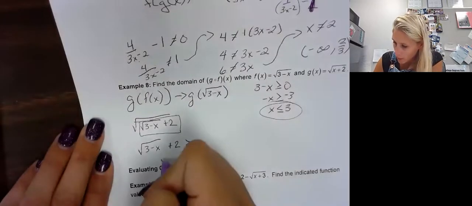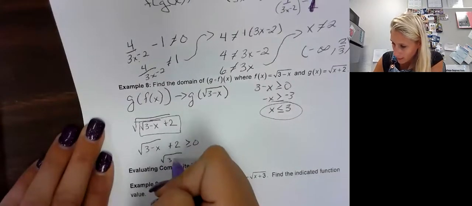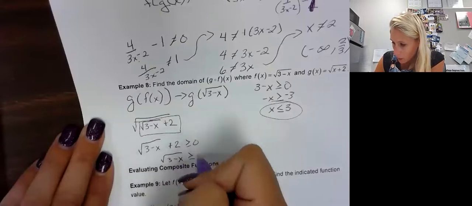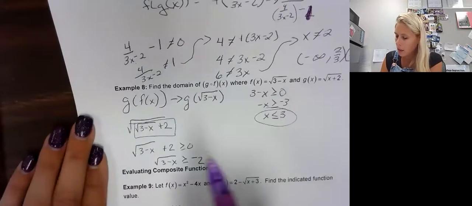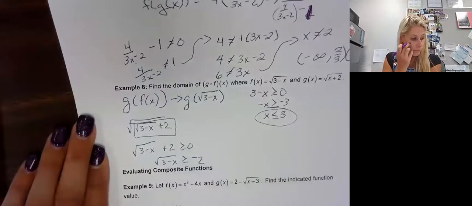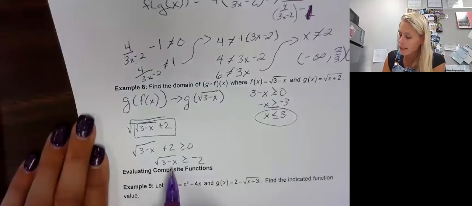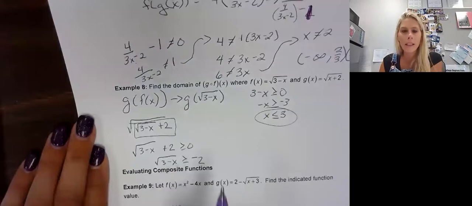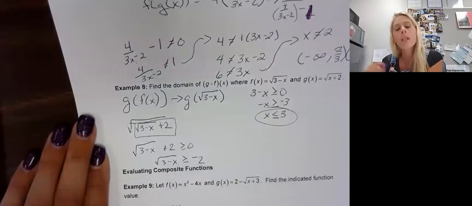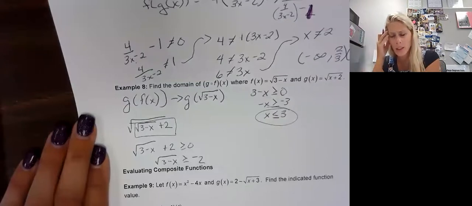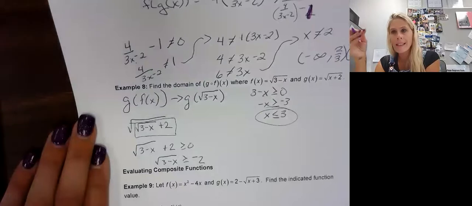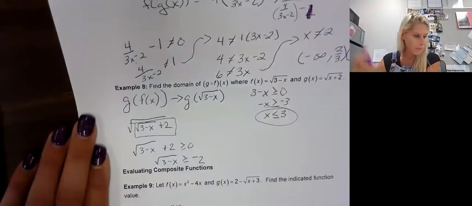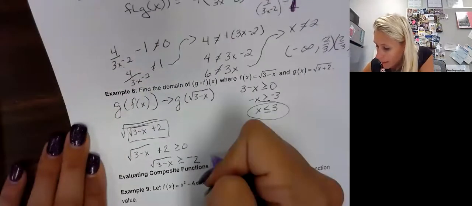So square root of 3 minus x greater than or equal to -2. Okay, and let's look at this though. Is there anything that is going to be less than the square root, less than -2? Let's think about that. Any square root is going to be a positive number. So everything works.